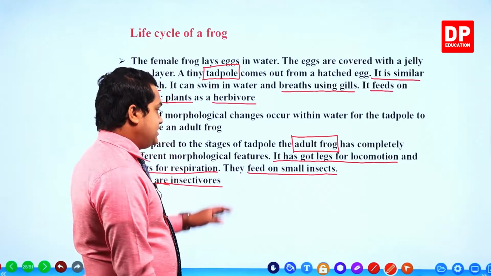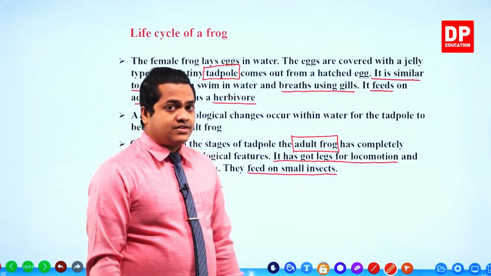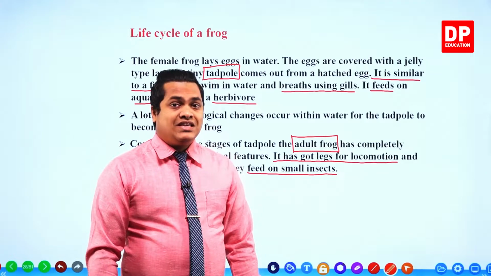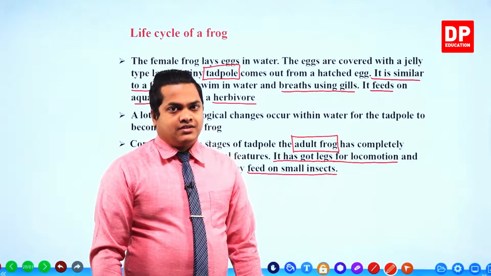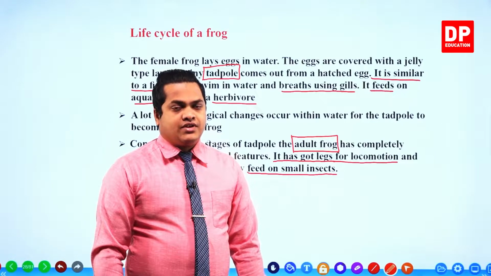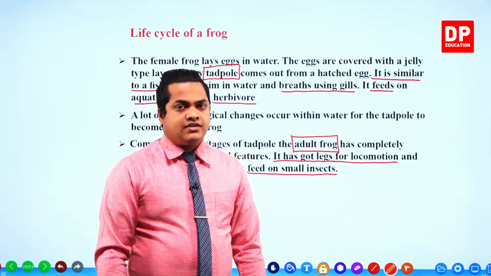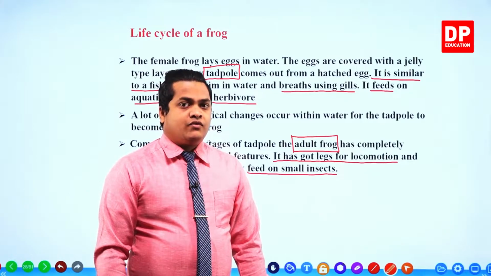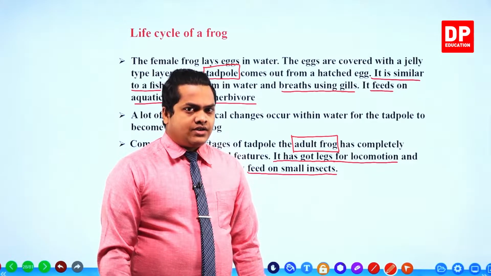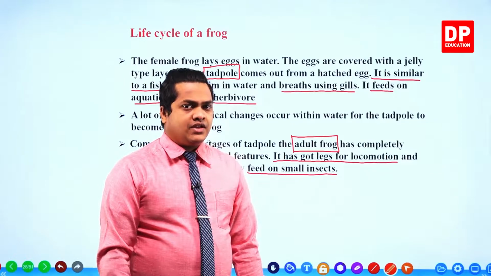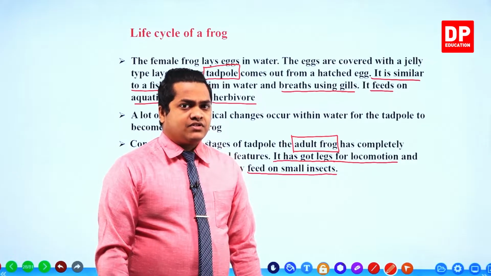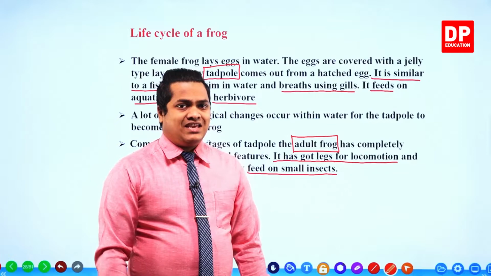And the next thing is they feed on small insects. To feed on insects, I told you at the beginning of our lesson that some frogs have a long sticky tongue.